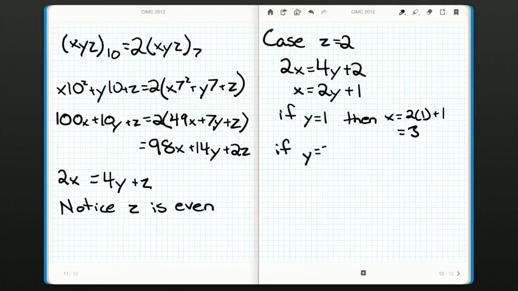How about if y is 2? Well, then what would x have to be in order for our original equation, this one up here, to be satisfied? Oops, sorry. Getting ahead of myself.